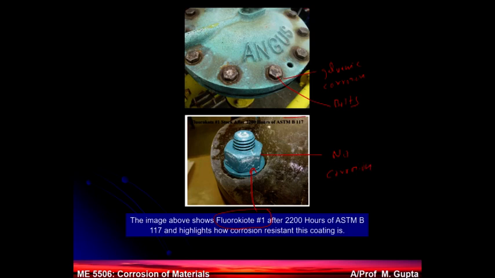And if you read these numbers here, ASTM, American Society for Testing and Materials, B117, that means once you put a coating, there are standards here, and you can use a standard to test the quality of the coating to ensure that they are the right coating for your kind of application. So you have to test it under certain environmental conditions for a certain number of hours and see whether you can see any kind of corrosion or not.